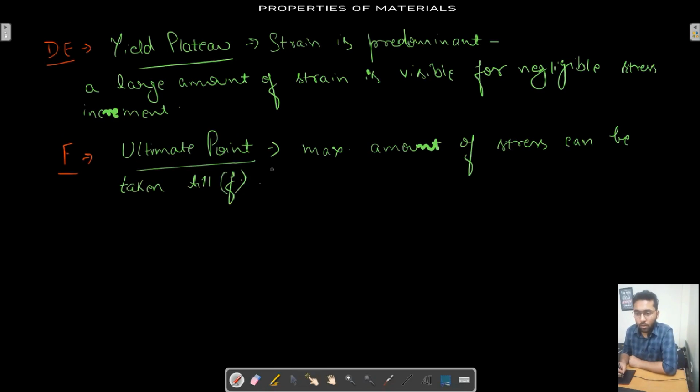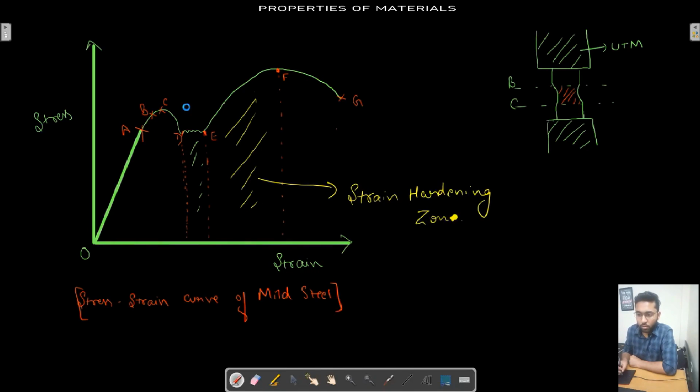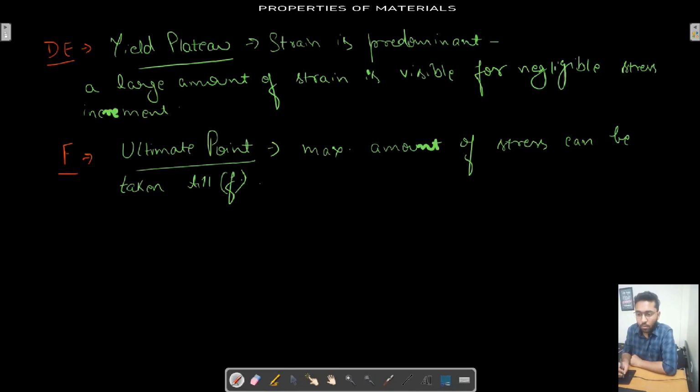Now let us discuss this EF zone. Let me shade it like this. So this EF zone is known as strain hardening zone. So we can write it here also, EF.